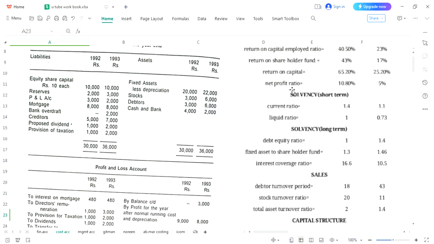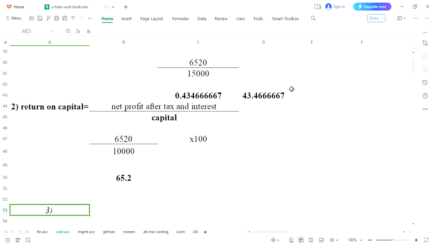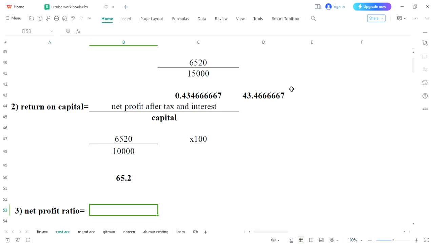We need the net profit ratio. For that we are going to calculate net profit ratio, and we need again net profit after tax, and we will divide it by sales.